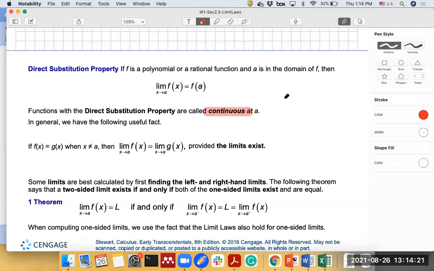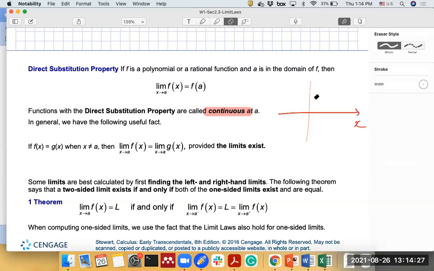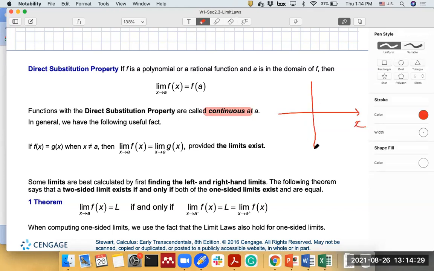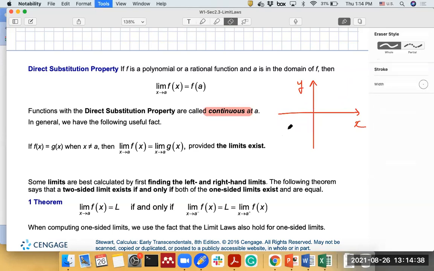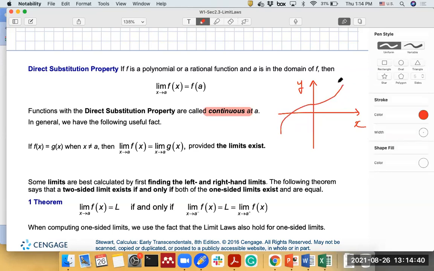For example, we're given a graph like this. This is x, and this is y, and we draw a graph like this. So it is a continuous function. If we have to lift the pen to draw it, it is discontinuous right here. Just a new concept.